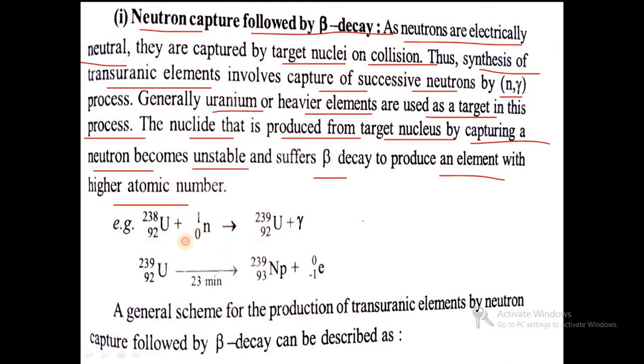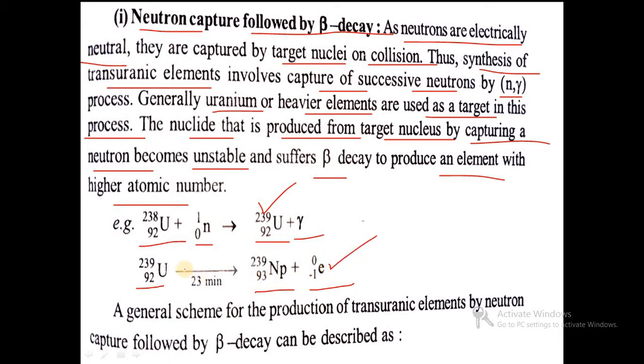Here, when uranium 92-238 is bombarded by neutrons, we get unstable uranium 92-239 with the emission of gamma radiation, and after that the unstable nucleus is converted into a stable nucleus with the emission of beta particles. Beta particles are nothing but electrons.